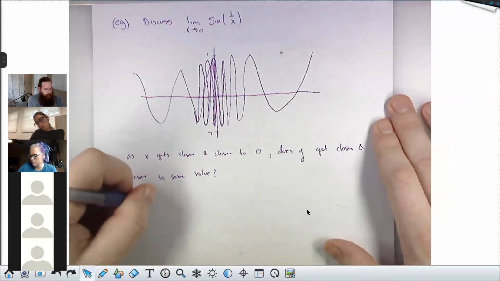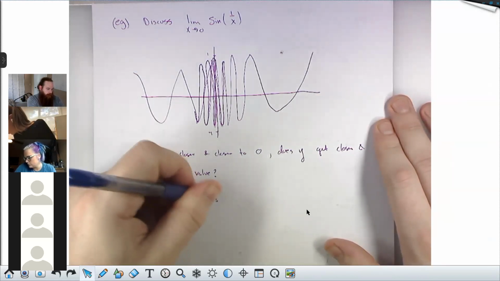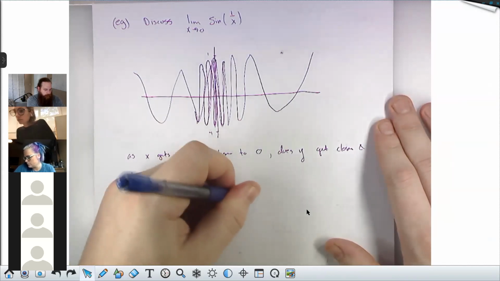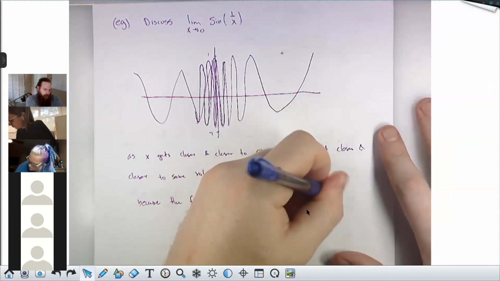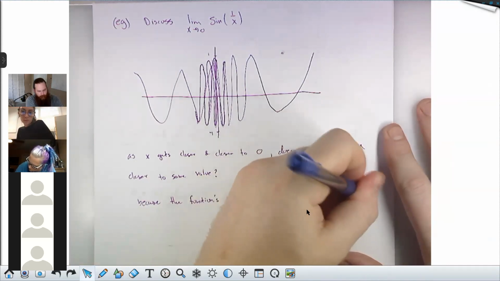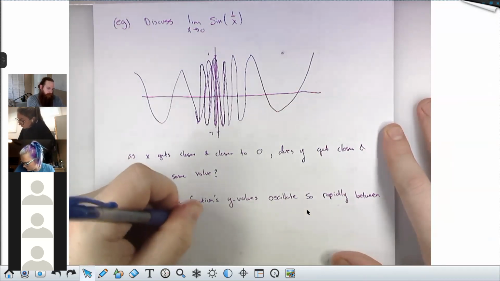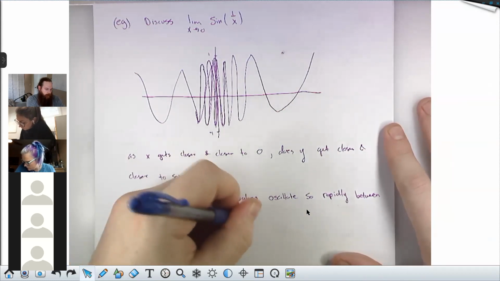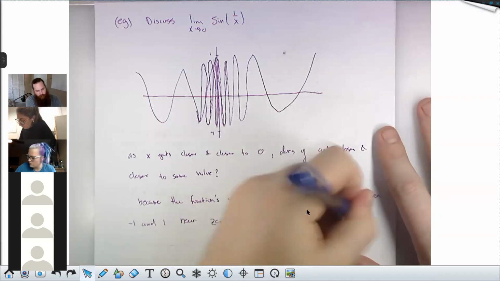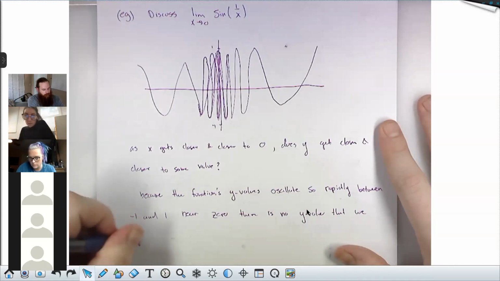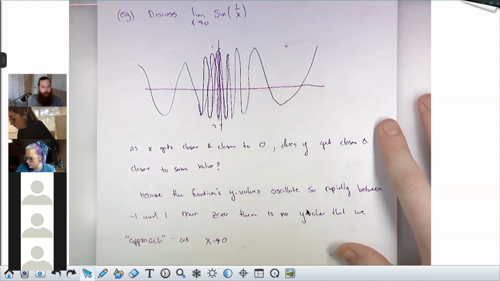Because the function's y values oscillate so rapidly between -1 and +1 near 0, there is no y value that we approach as x goes to 0. From the left or from the right, it doesn't matter.